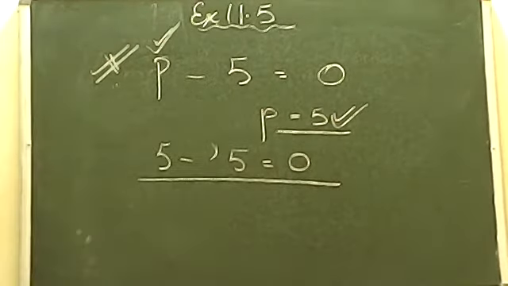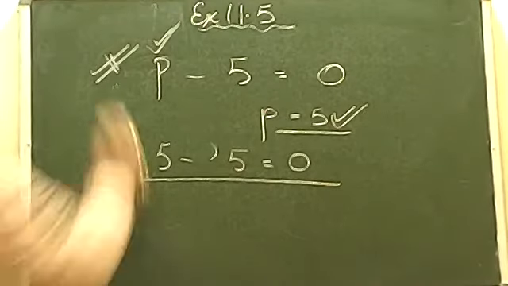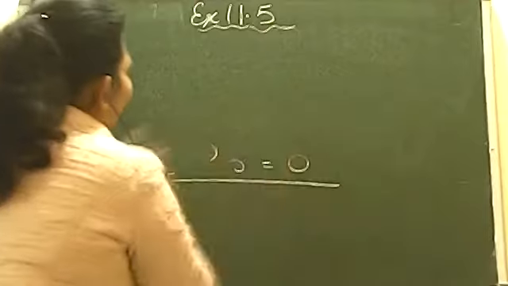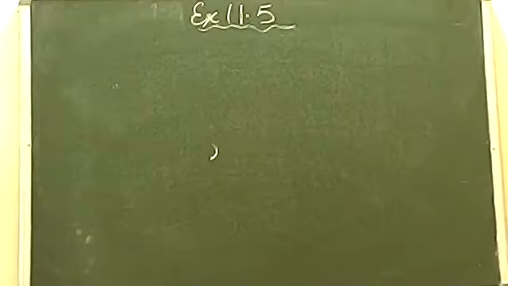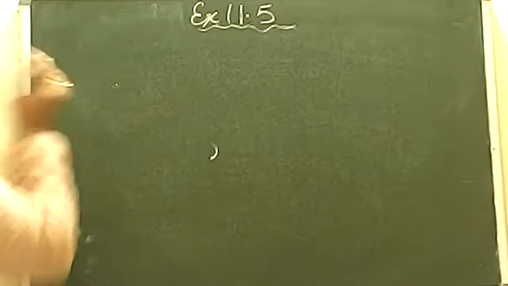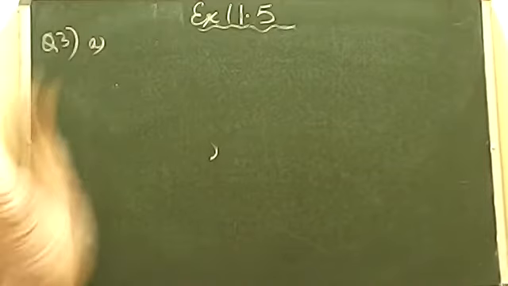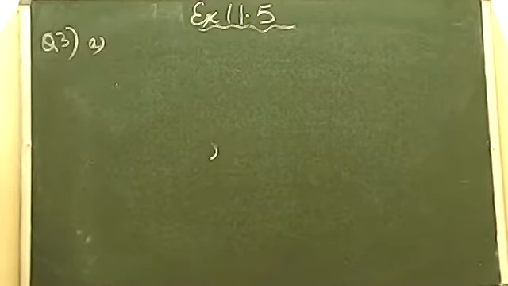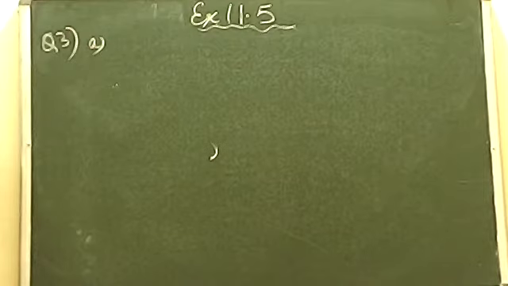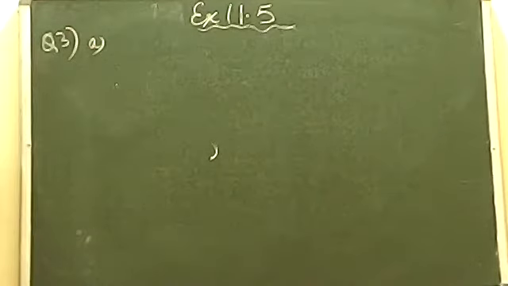Okay? Now we are starting question number 3. Questions 1 and 2 from exercise 11.5 we have done. Now we are going to begin question number 3 from this exercise. In question number 3, beta, it is telling, pick out the solution from the values given in the bracket next to each equation.